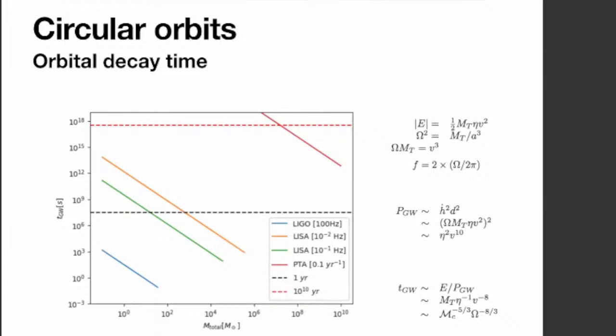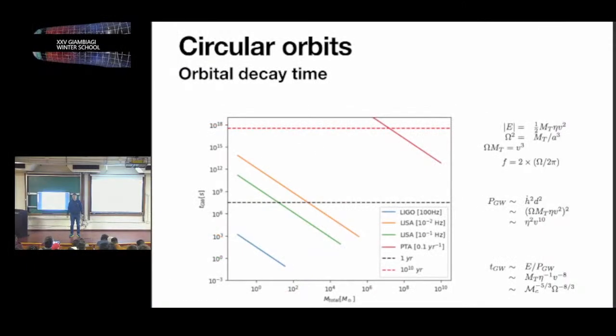Yeah? I'm talking about the velocity of the two masses, one around the other. And the speed of light is constant, it's 1. I put it to 1 in this formula.